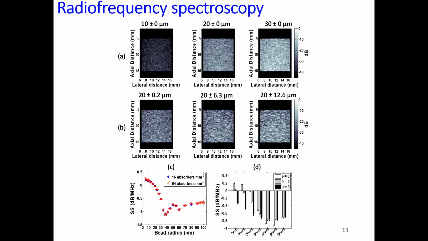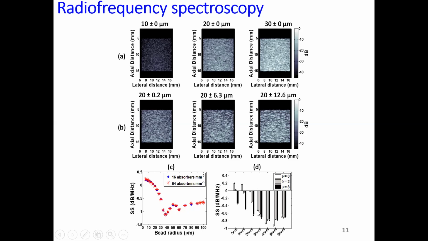In addition to just monitoring the overall absorber size, we also have the ability to monitor the polydispersity, or the distribution in the size of the absorbers, as shown in panel D here, where by changing this theta parameter in our simulations, we are actually capable of monitoring the changes that occur as a function of increased polydispersity.